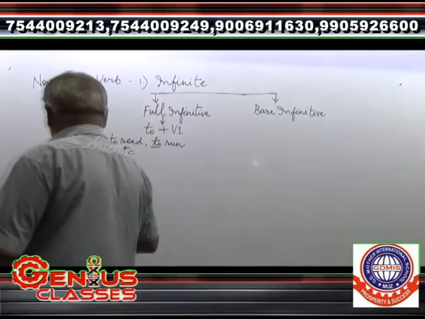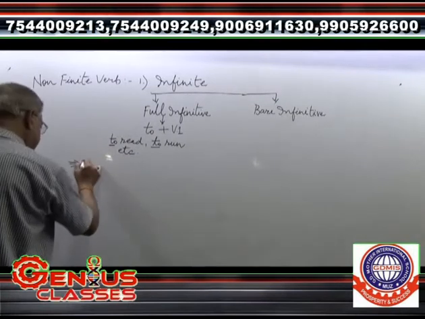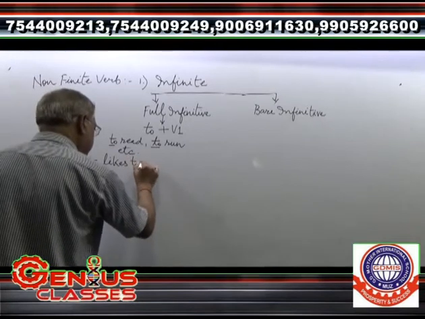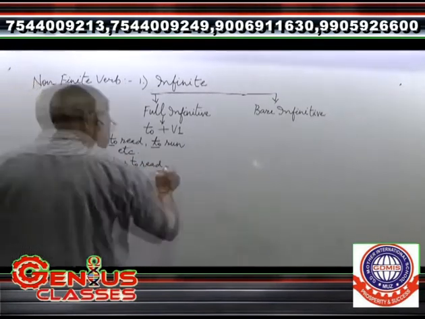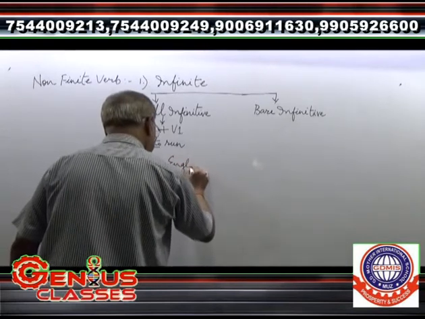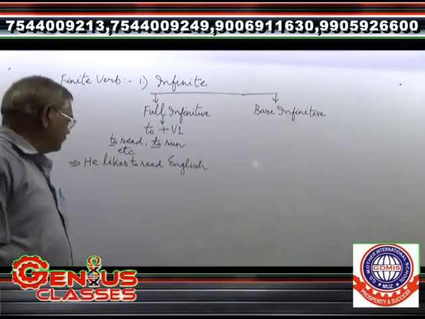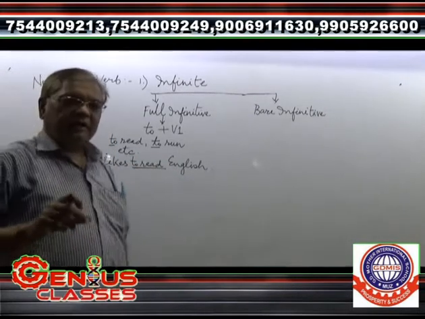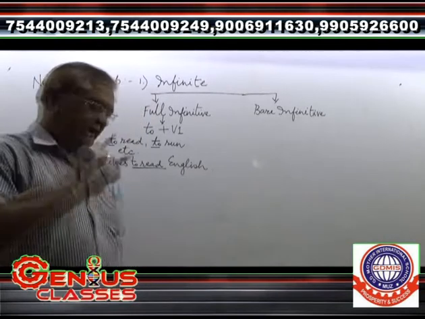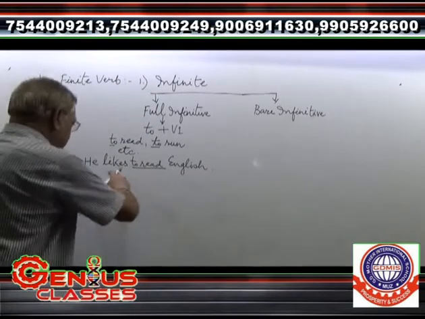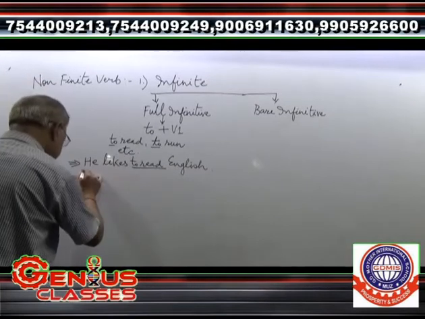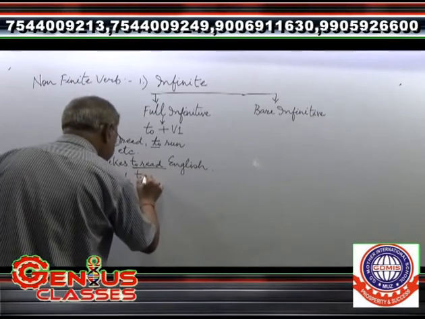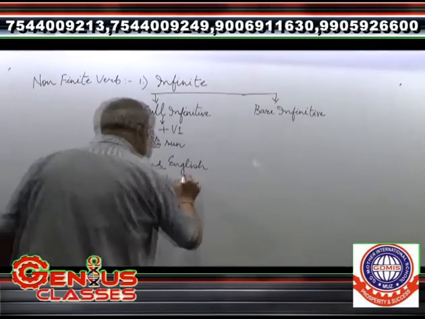Now one sentence can be given here, like: he likes to read English. So in this sentence, to read is an infinitive, that is, a full infinitive. According to the tense it can also be changed: he liked to read English.